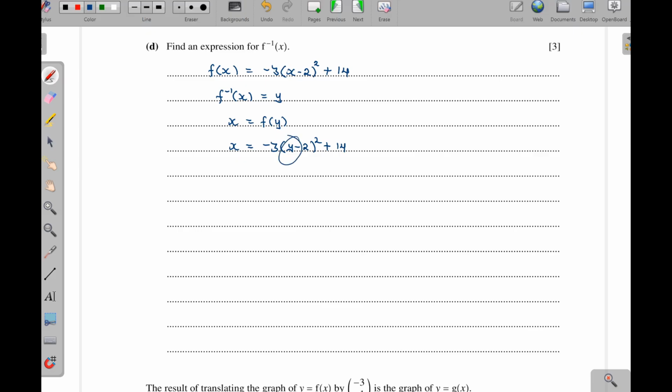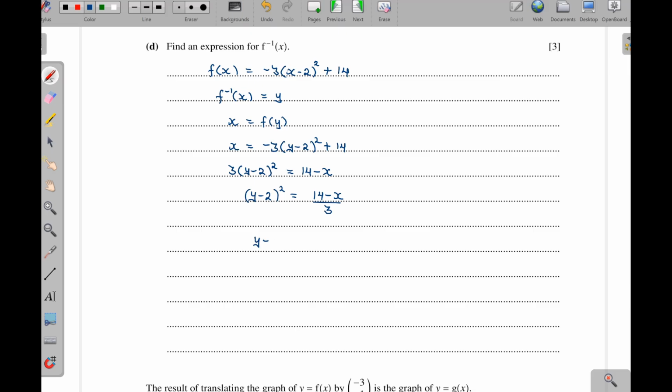Now we make y the subject of the formula. So let me first bring it to this side so that this one becomes a positive, okay? So we shall have 3 into y minus 2 squared, then take this x this side. We shall have 14 minus x. And then from there, divide all through by 3. So we have y minus 2 squared, which is equal to 14 minus x, then over 3.